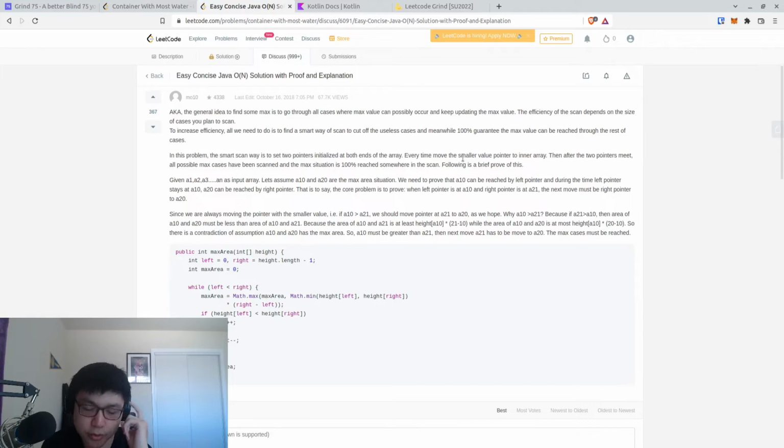Okay, so if we move the greater of the two, then our x-axis will for sure decrease by 1, and our area is limited to some number between... No, our area is not limited. Is it? It is, because we have a smaller number. So our total area will be guaranteed minus 1 on the x-axis.